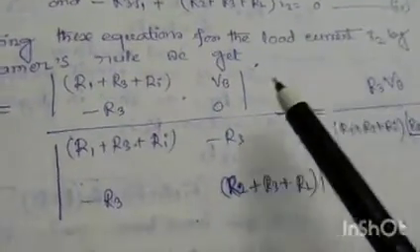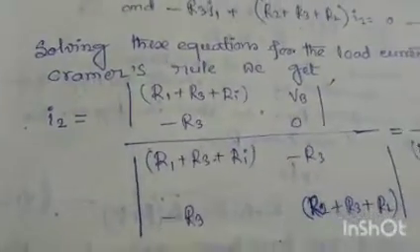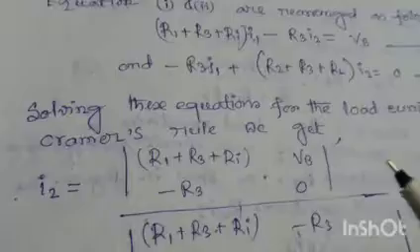for the load current I2, use Cramer's rule. What is Cramer's rule?